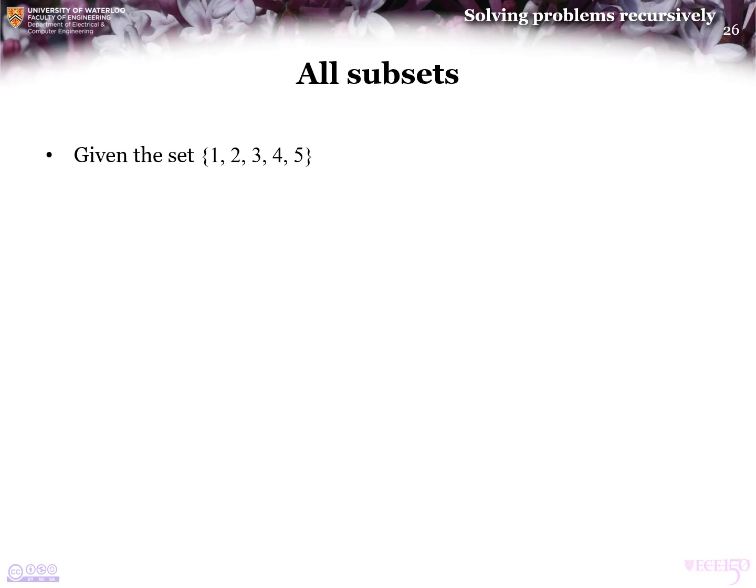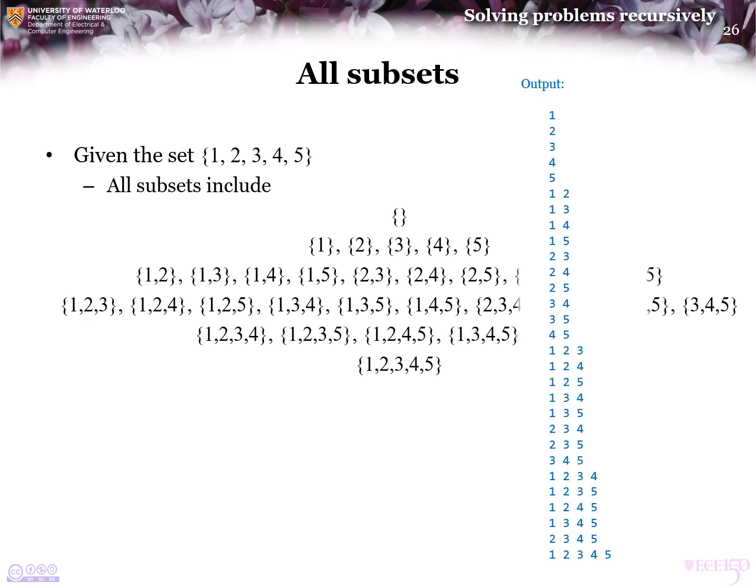As one last case, as we go up, now all possible subsets of the set 1, 2, 3, 4, and 5 include the 2 to the 5 possibilities listed here, and we'd like to have an output that displays all of these.